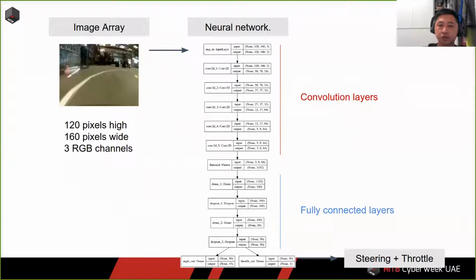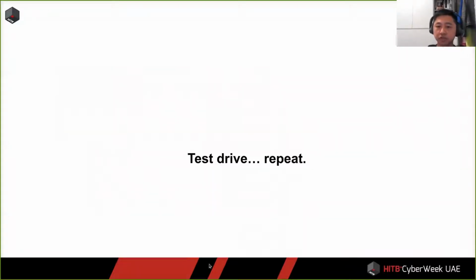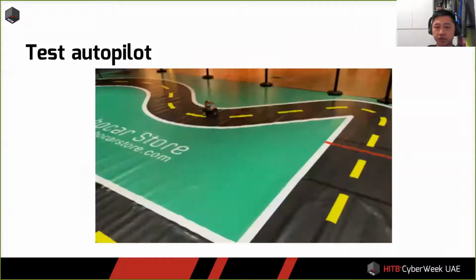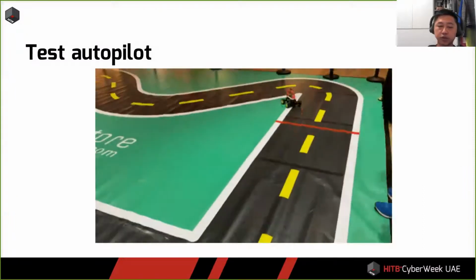And then when we do autopilot, we give an image input to the neural network. Going through the neural network, the system will give us a throttle out and angle out. So we just test, drive, repeat, and continue this loop. At the end, we test whether the autopilot is doing good or not.